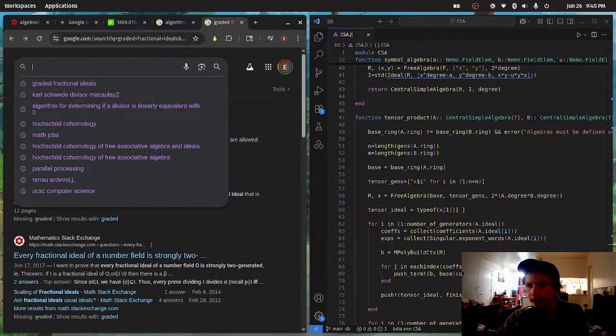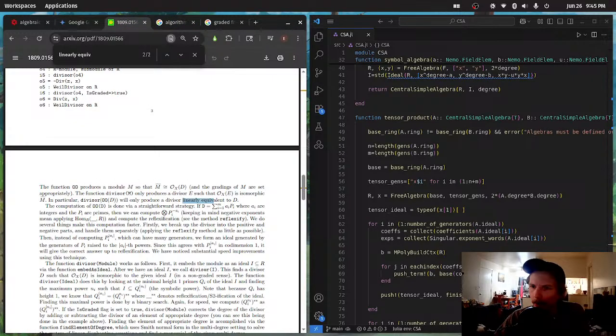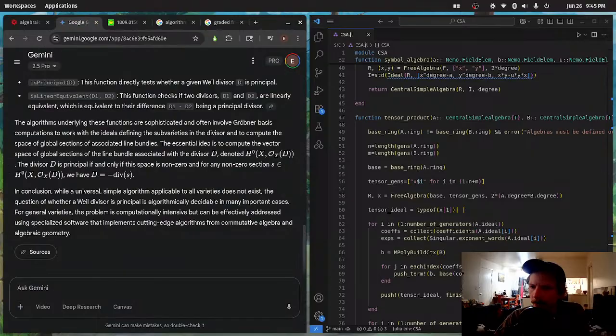There's a little bit more in there. Okay, the global sections, though, they should just be the degree 0 piece of some homogeneous... so they should just be the degree 0 homogeneous elements inside some graded module. Ideally. I'm not sure how you'd do this if the module is not nice enough.